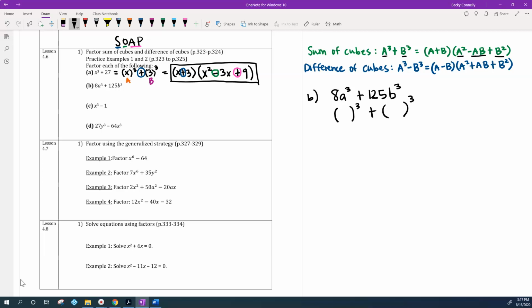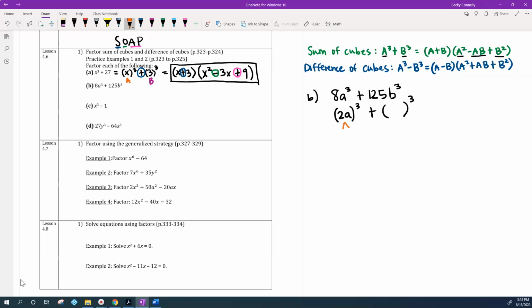When I'm looking at 8, to undo cubing something, I can cube root it. The cube root of 8 is 2, and the cube root of a to the third is a.